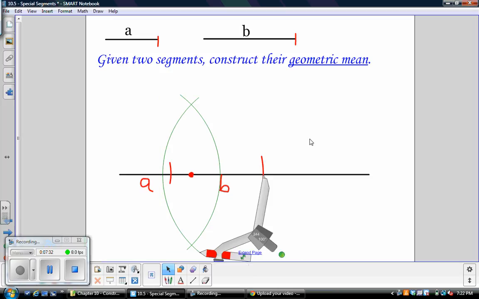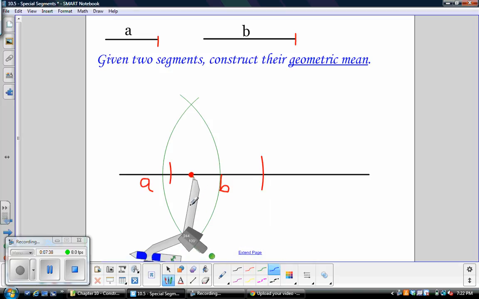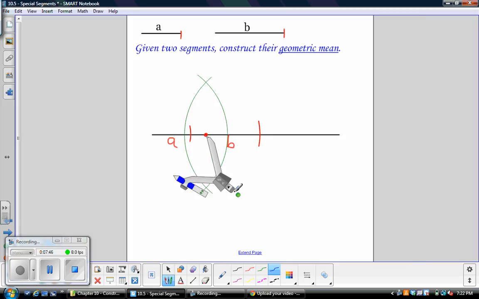Now what I need to do is draw the semicircle. So to draw the semicircle, you take your radius, and you have to find the radius. The radius is from that center to the endpoint of A plus B. So that guy there.